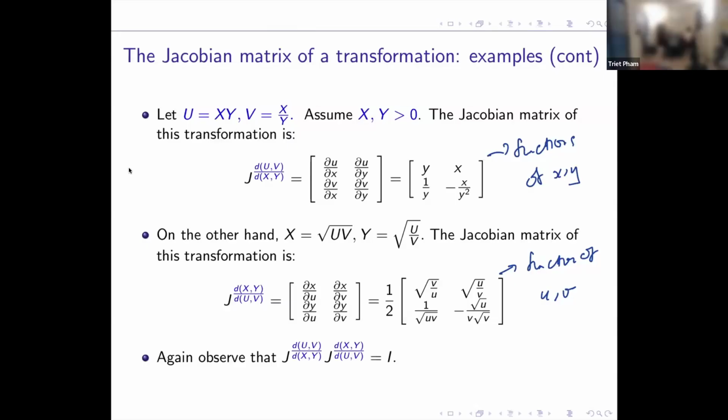Now again, you see the same theme happen. It doesn't matter how complex the map is, we still see that this is the inverse of that, or as I claim, the product is an identity matrix. But here I claim something strange is happening, or it might look like I'm a little bit crazy in terms of my claim.